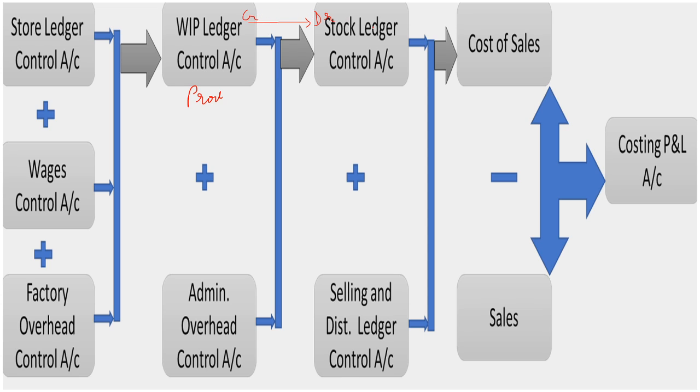Our next transaction is cost of goods sold. In that case, we transfer the goods from finished stock ledger control account to cost of sales. So we debit the cost of sales and credit finished stock ledger control account. And our last transaction is where we transfer the goods from cost of sales to costing P&L. So we debit the costing P&L account and credit cost of sales account.